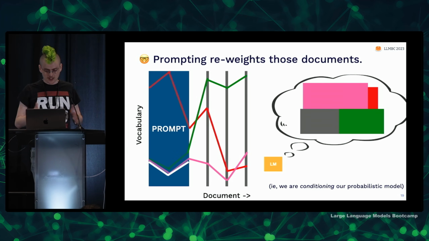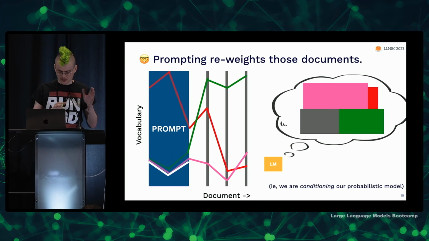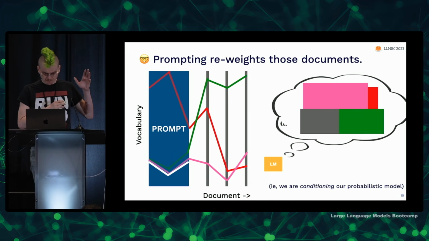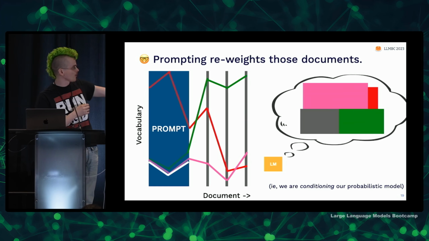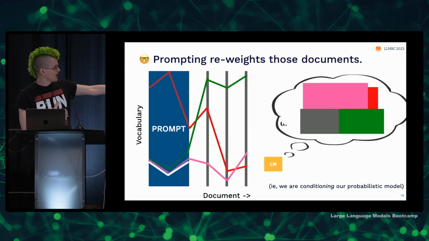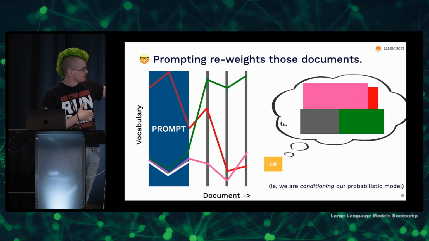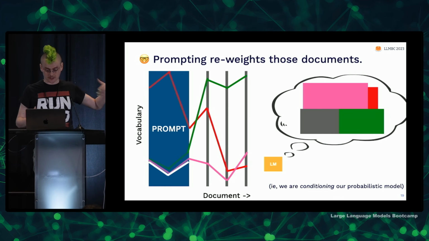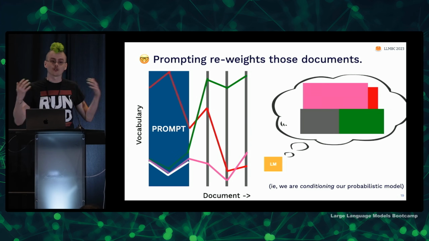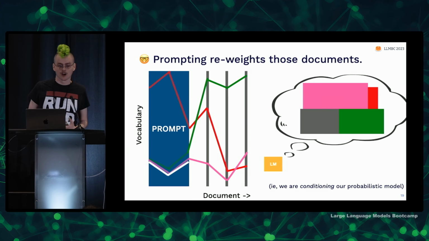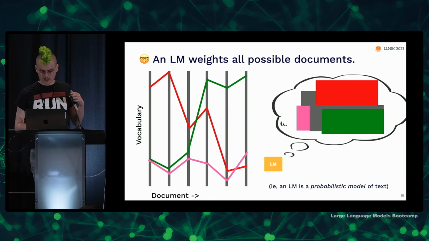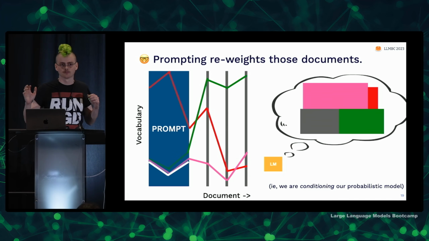Thinking about just the suffixes that come after the prompt for these pink, red, and green documents: because the prompt is more similar to the green and pink prefixes, the beginnings of those documents, those documents are now more probable. And that red document that used to be more probable is now less probable. So we've reweighted all of these documents.